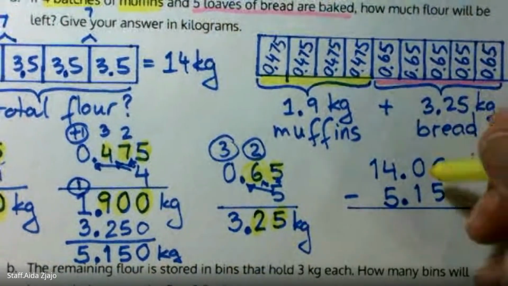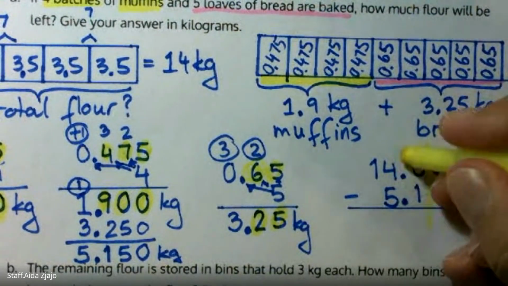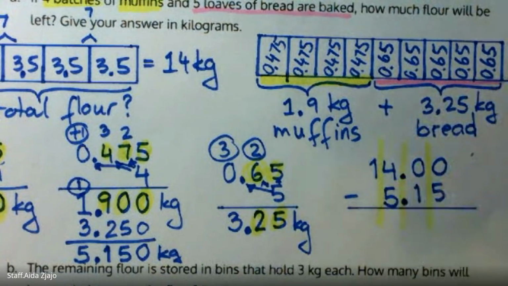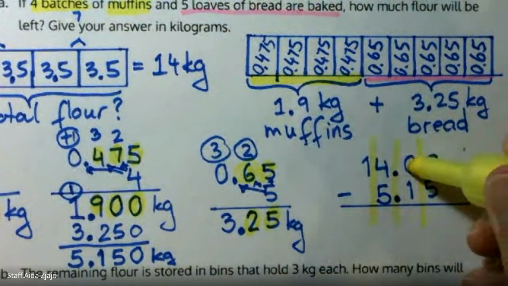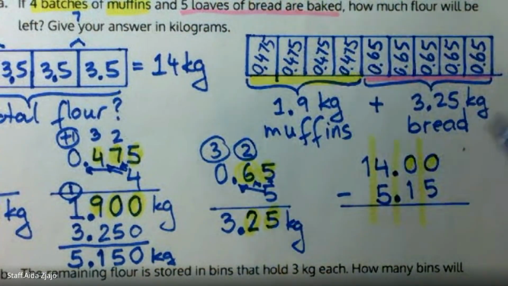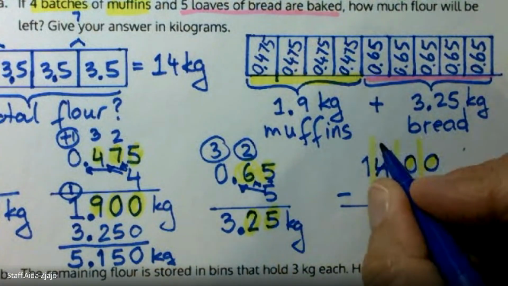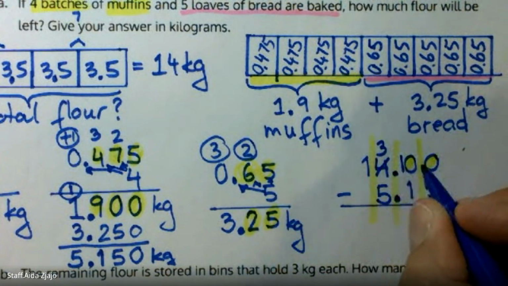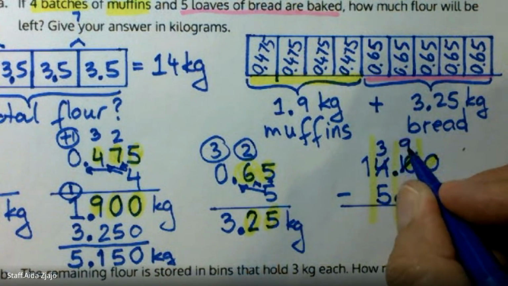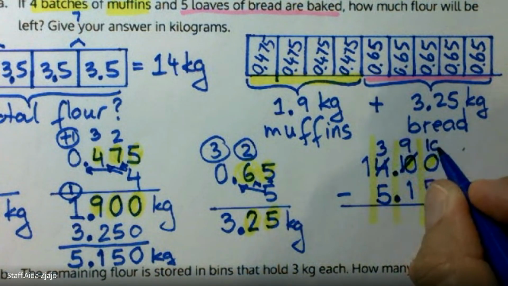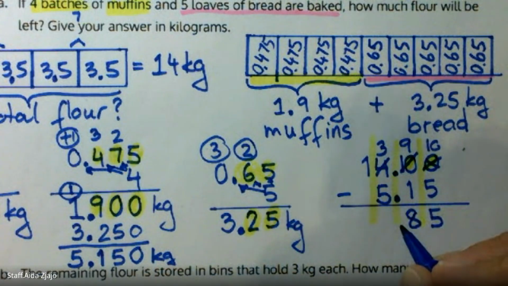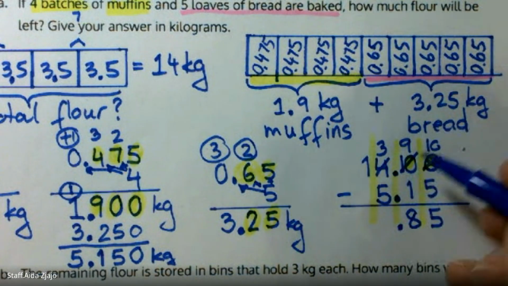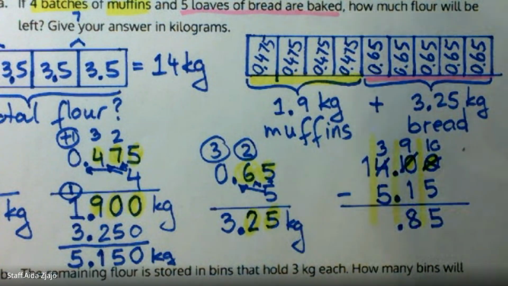So subtract, I'm going to draw lines. And then I can say 0 minus, or I have to regroup first. 3 becomes 10, and then 10 minus 5 is 5. 9 minus 1 is 8, and I can do 3 minus 5.